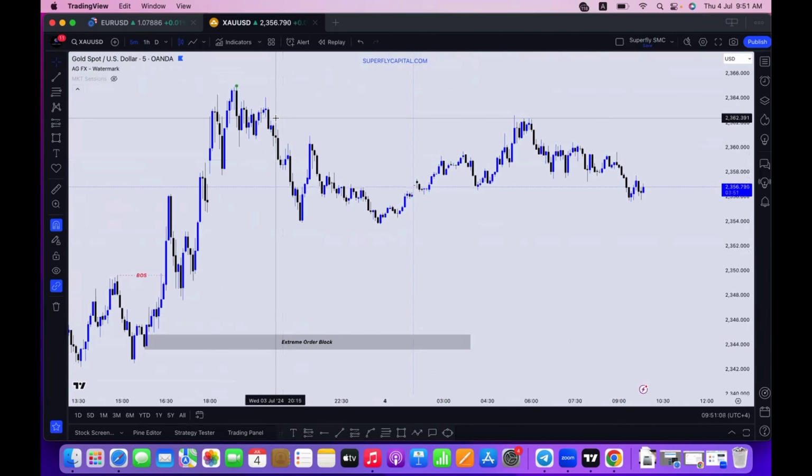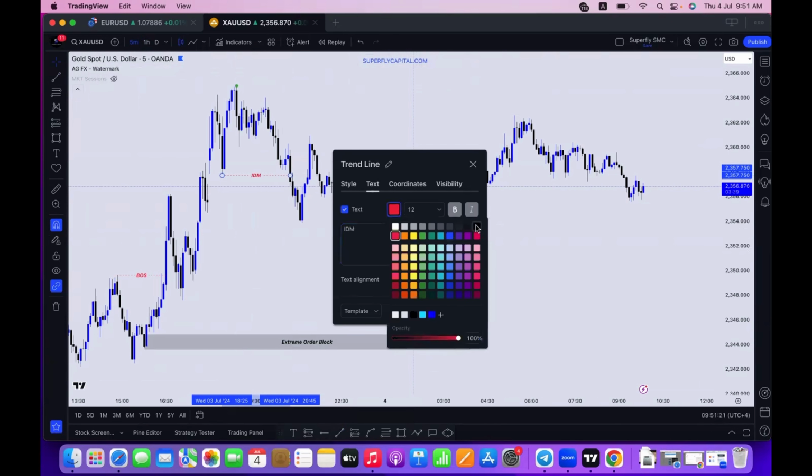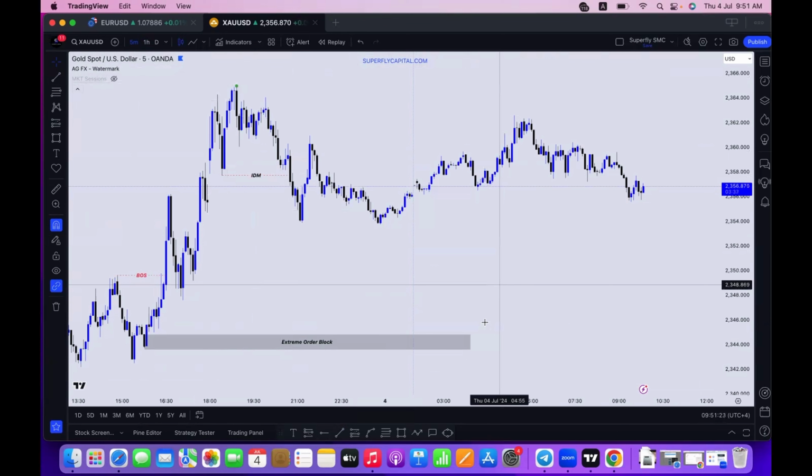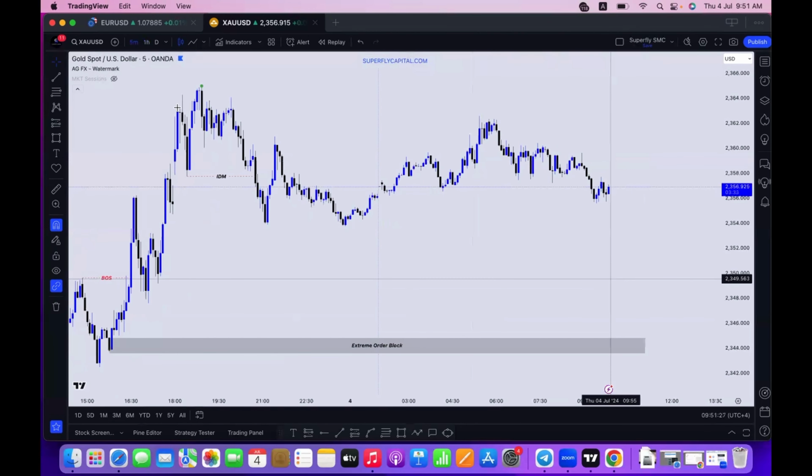So the recent price action I identified on 5 minutes, this is our last inducement that was taken out. It's our last inducement, and this is the highest point. So this extreme order block is where you could get an entry possibly.